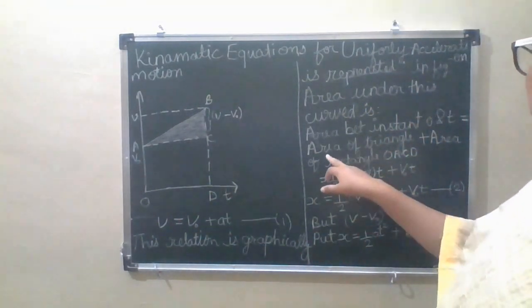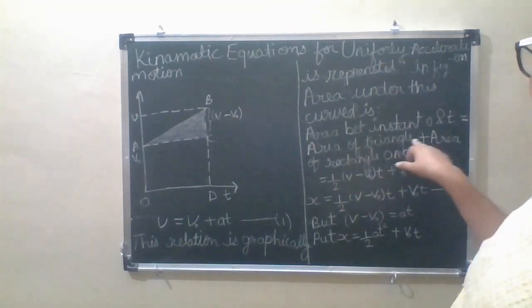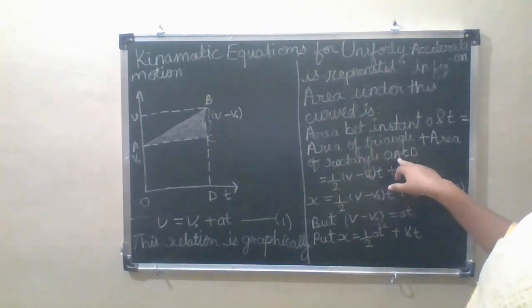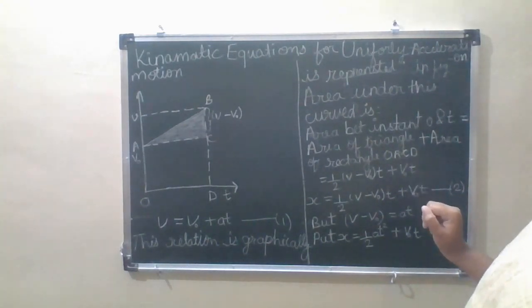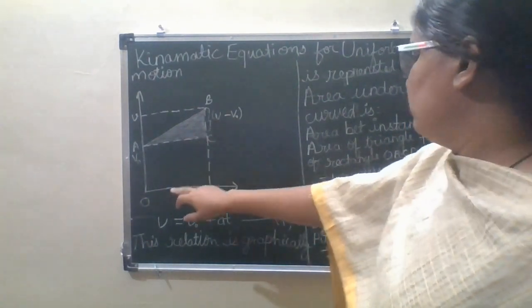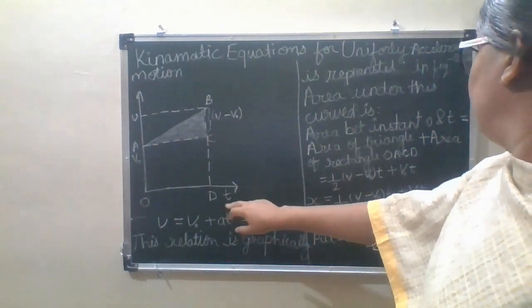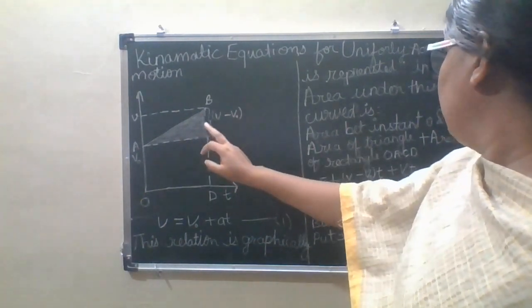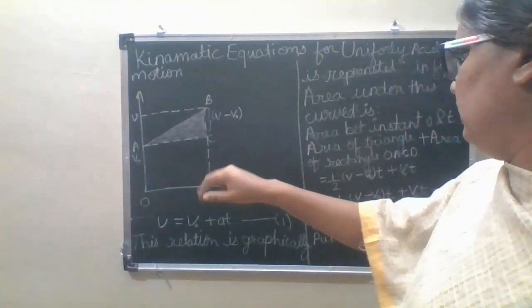This area is equal to the area of the triangle plus the area of the rectangle OACD.